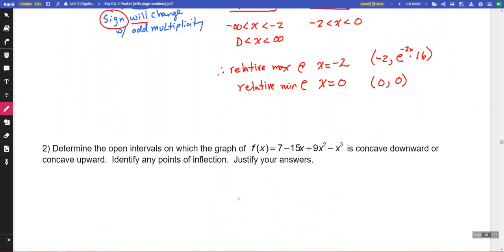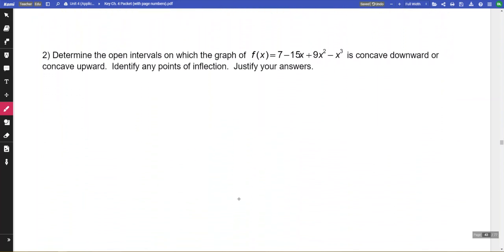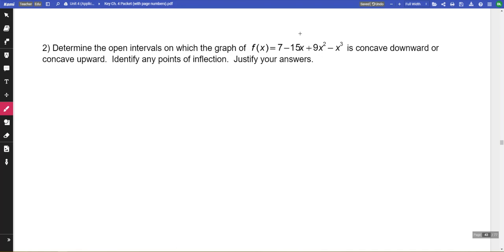Okay, continuing. Determine the open intervals on which this function is concave downward or concave upward. Identify any points of inflection. Justify your answers. We're going to justify to start. Once again, if that second derivative is greater than 0, then f is concave up.